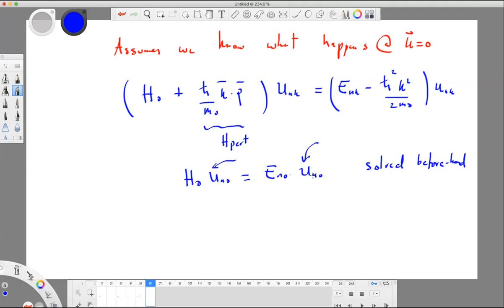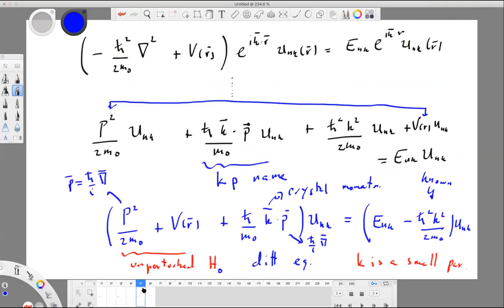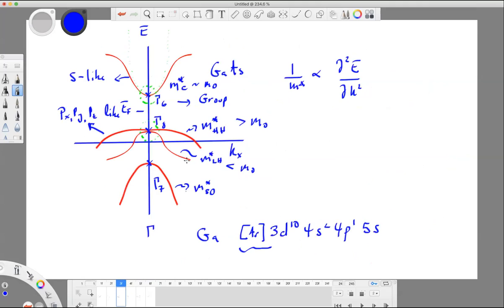For example, for semiconductors or insulators, it's very easy to know these functions in the vicinity of this band edge. They are going to be almost exactly the hydrogenic functions associated with the atoms that constitute the solids, okay?